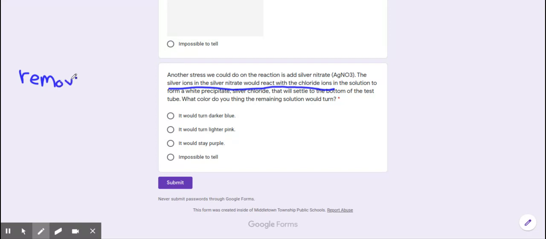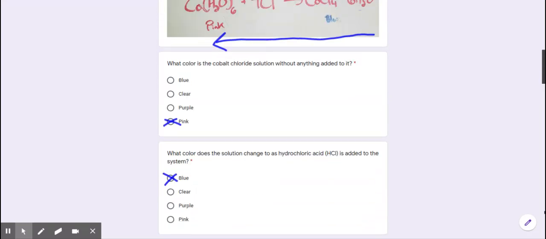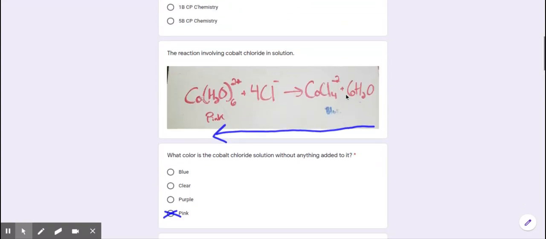So if we remove chloride, it's going to shift towards whatever side you're removing. If you remember from the original equation, let me scroll back up here to show you the original equation. If we're removing chloride, there's going to be a lot of extra of the product. So we're going to shift towards the reactant side to produce more chloride. If it goes to the reactant side, it's going to be pink.